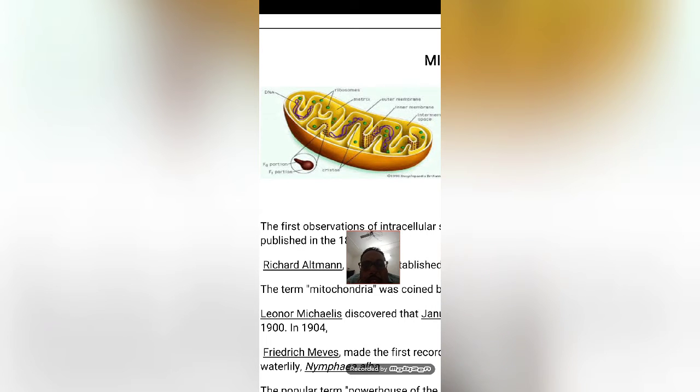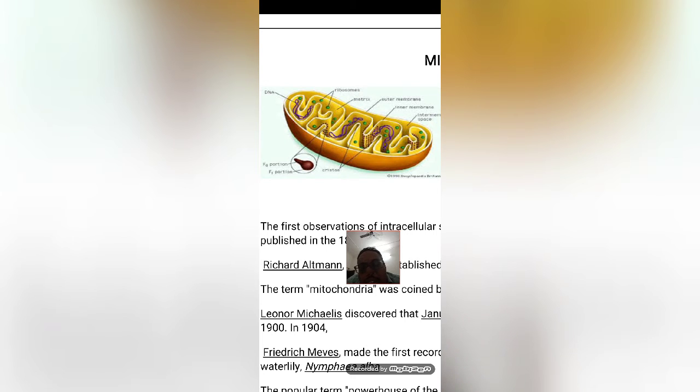Those are the areas where energy is synthesized.